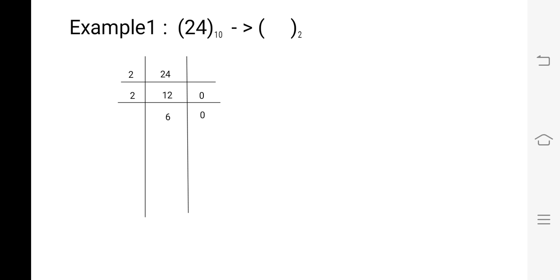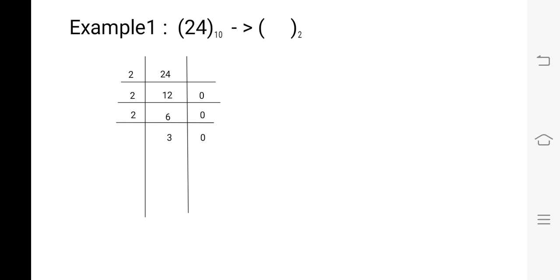We will note down the remainder 0. Now 6 is greater than 2, so again we divide 6 by 2 and in the quotient we get 3. 3 multiplied by 2 is 6, and 6 minus 6 is 0. So we note down the remainder 0 on the right side of the division. 3 is greater than 2.